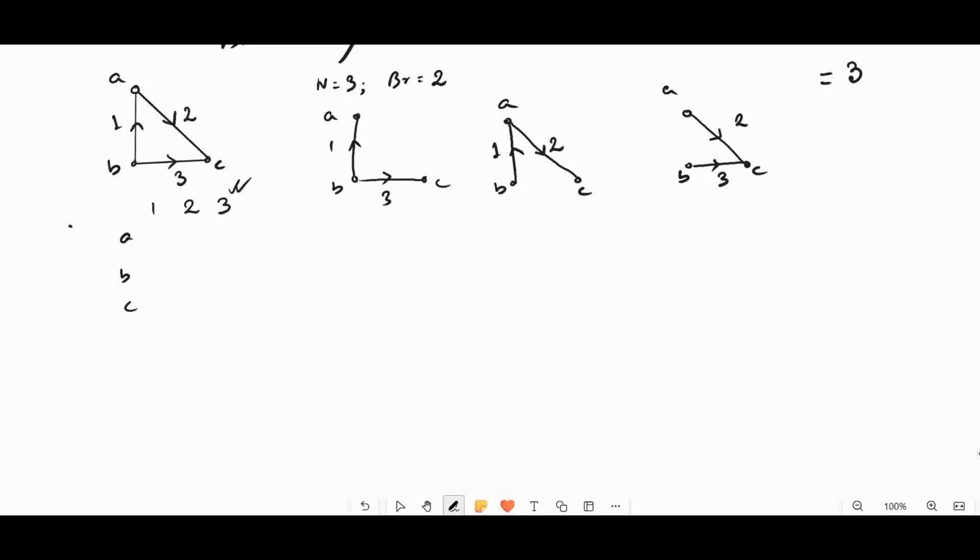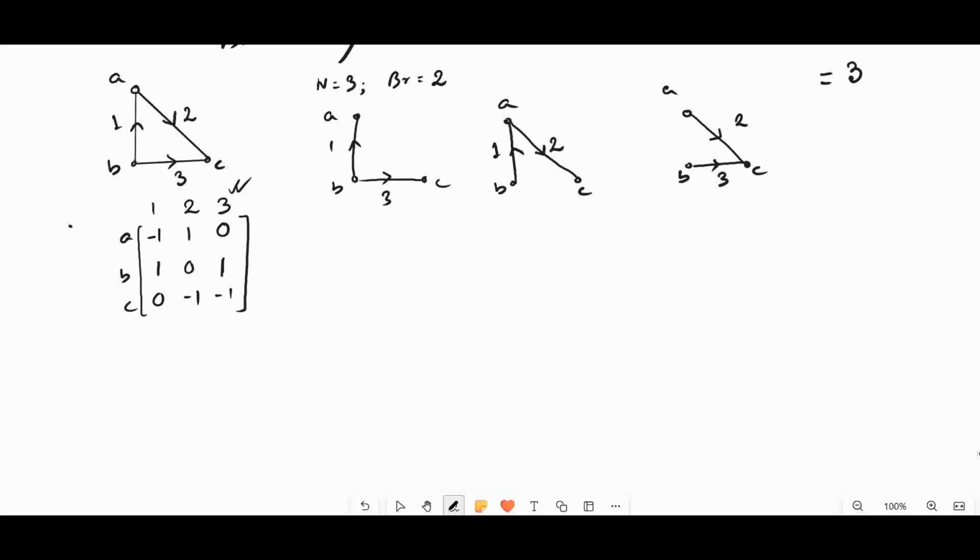Accordingly, writing down the matrix: for branch 1 it is minus 1, 1 and 0. For branch 2, we have 1, 0, minus 1, and for branch 3, which lies between B and C, it is 0, 1, minus 1. So this is the incidence matrix.